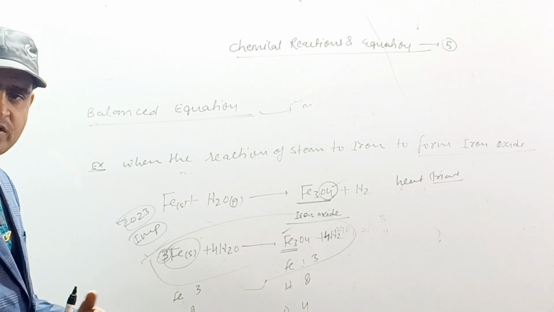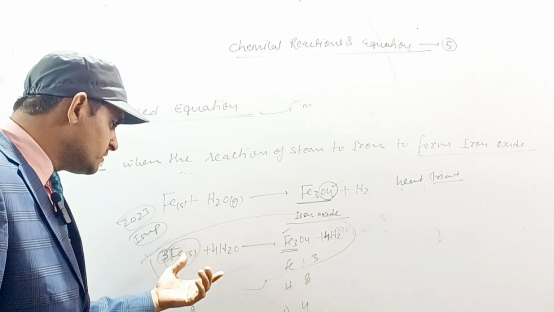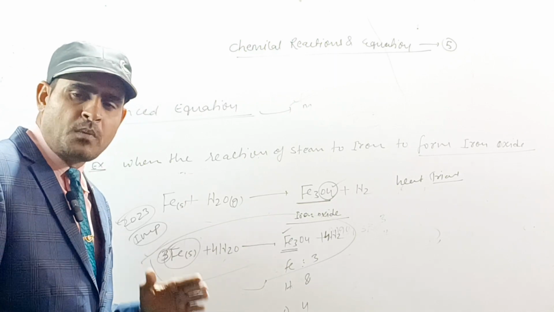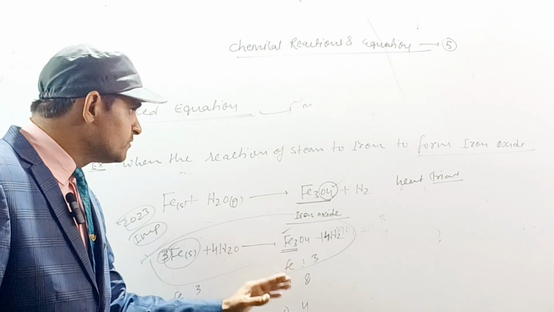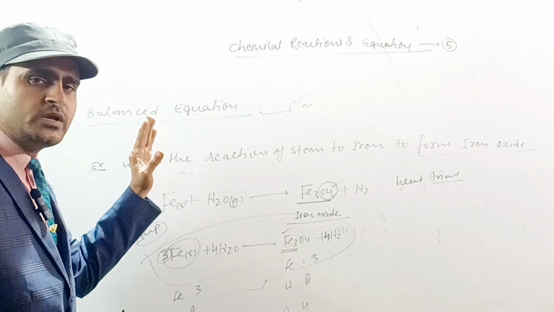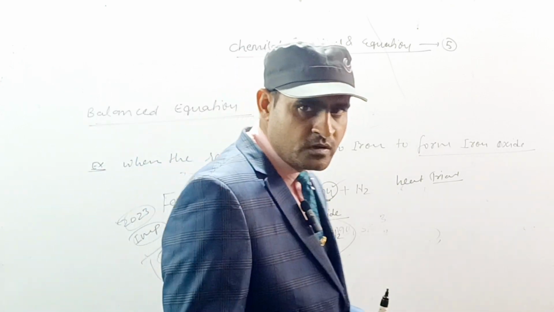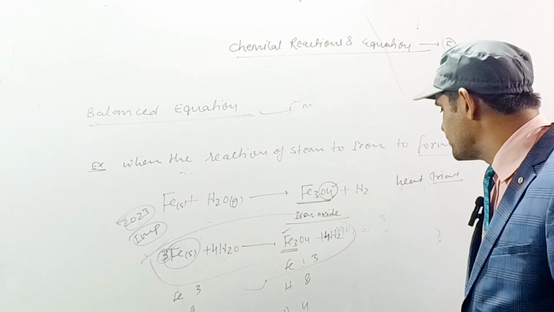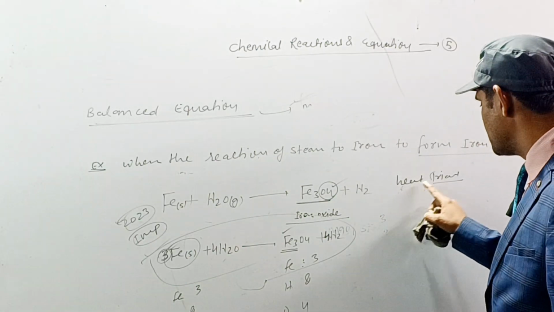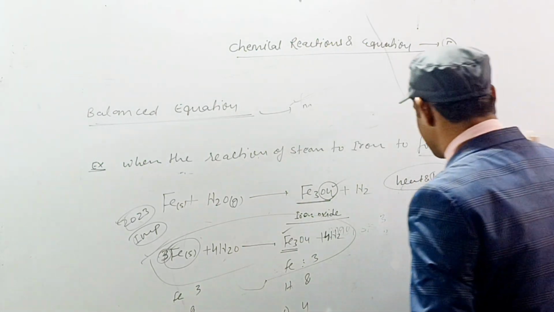In another definition, in the reactant and in the product, the mass of the elements should be the same. This equation depends on the law of conservation of mass, and the method used in this process is the hit and trial method. This is a very important process.